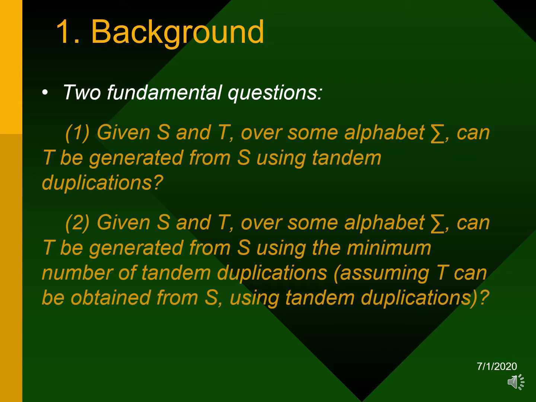The second is more of the optimization version. Assuming T can be obtained from S using tandem duplications, can you compute the minimum number of tandem duplications to convert S to T? This is called the optimization version.